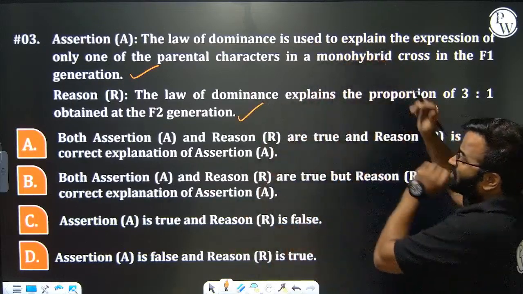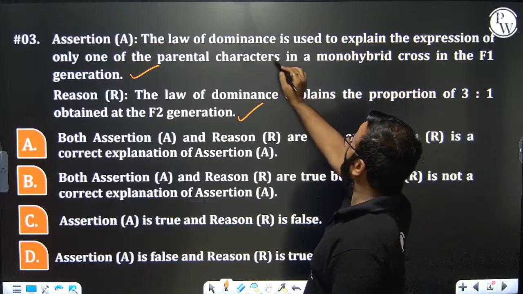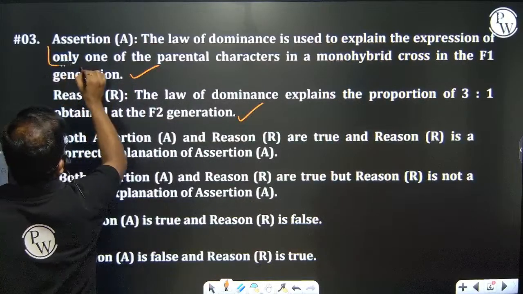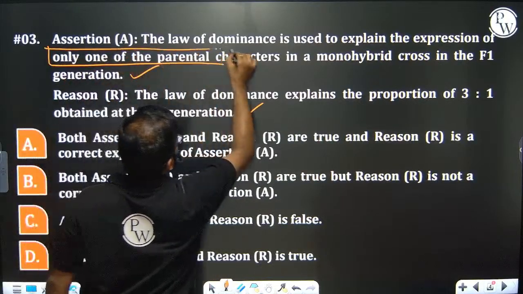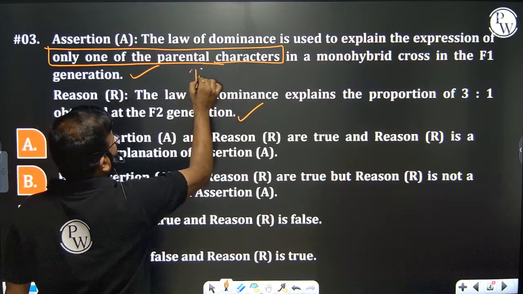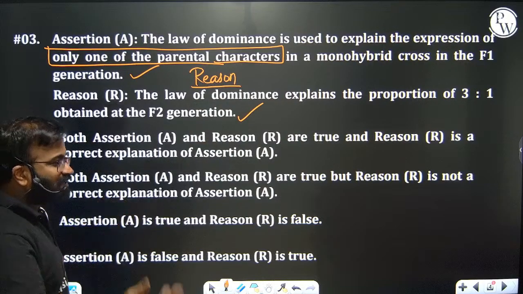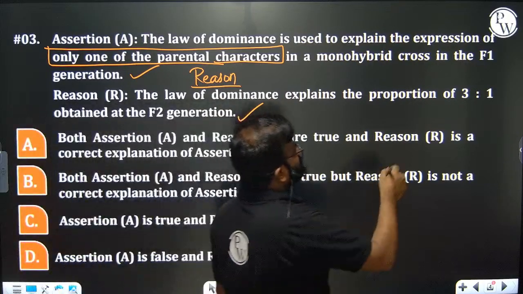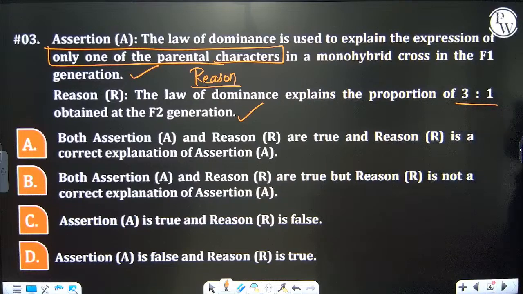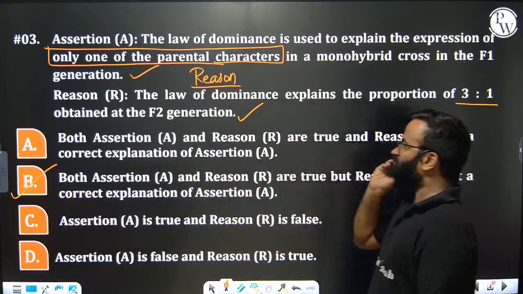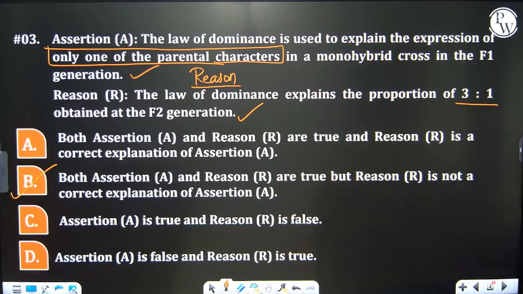But the assertion says the law of dominance is used to explain the expression of only one of the parental characters. Why only one is being expressed has to be explained in the reason. Rather, it goes into this statement. So I would say both statements are true, but the reason is not really explaining the assertion. So I'll go with B.